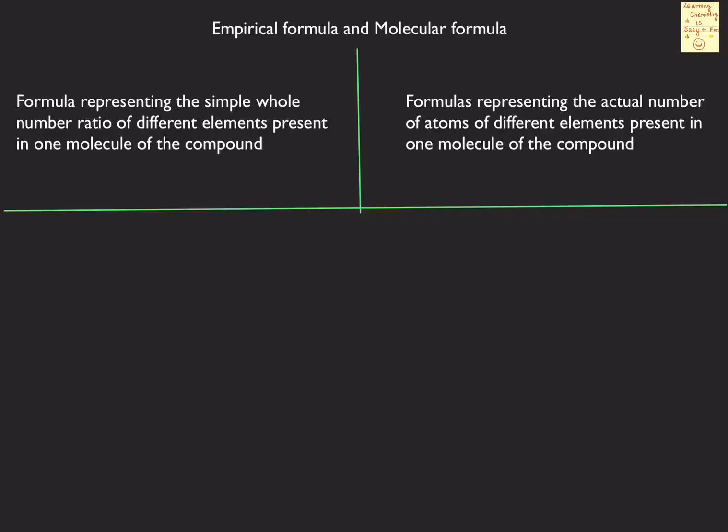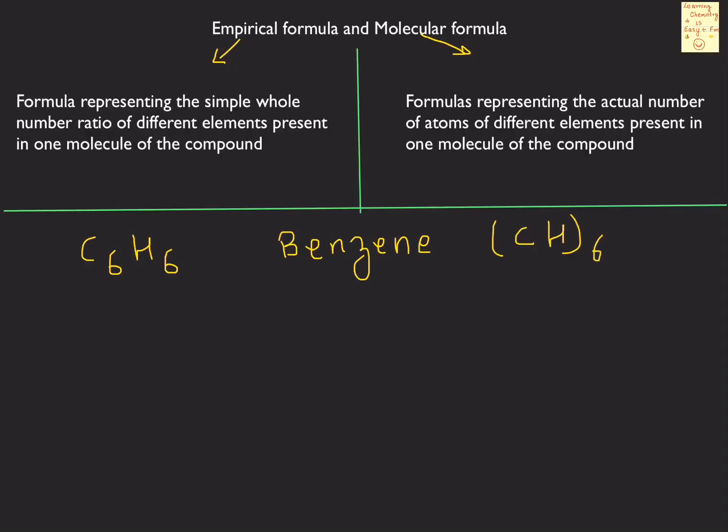What is empirical formula and molecular formula? Let's differentiate between the two terms first. C6H6, a very common organic compound that you must have heard about, and that is benzene. This can be represented as CH, wherein the ratio of carbon to hydrogen is 1:1.